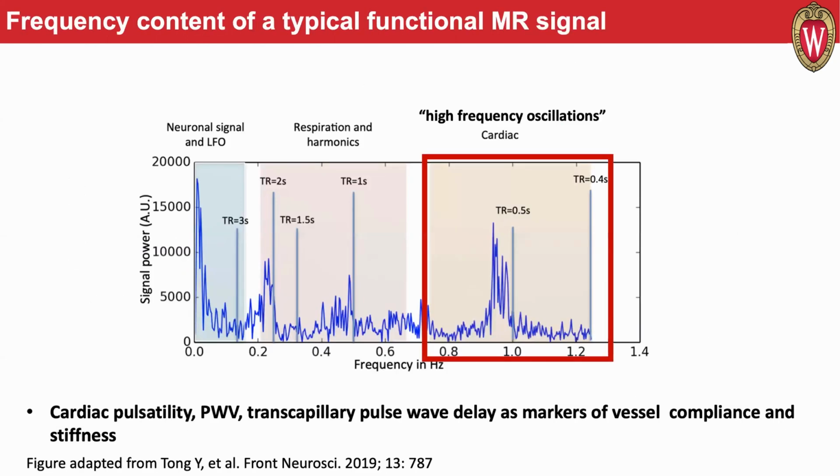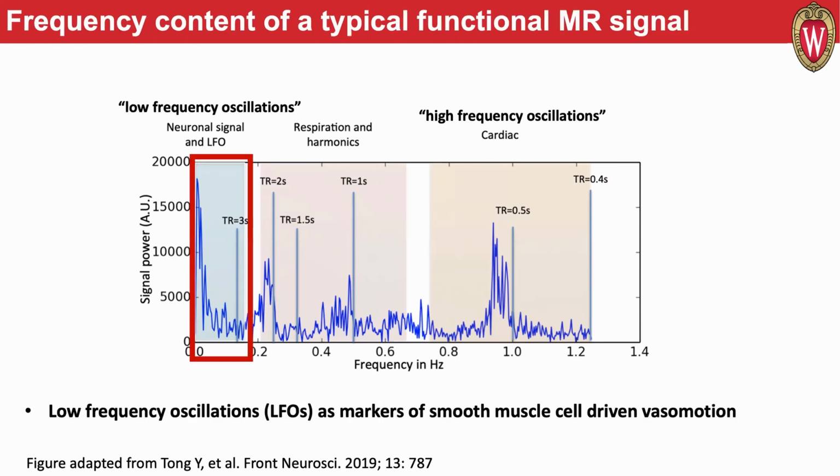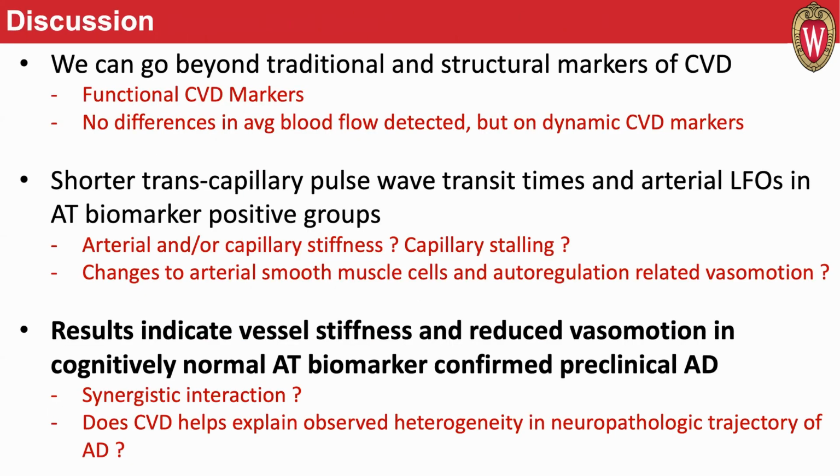And hopefully I have conveyed that we can look at high frequency cardiac pulsation, but also at these lower frequency oscillations, different components of the vascular system, and that we can go beyond traditional and structural markers of cerebrovascular disease to more specific markers of vascular health of relevance to Alzheimer's disease.